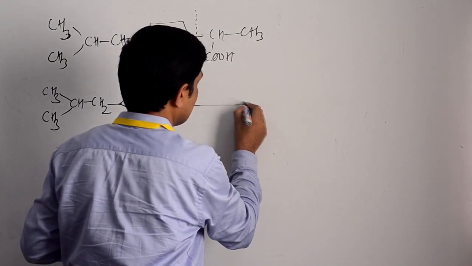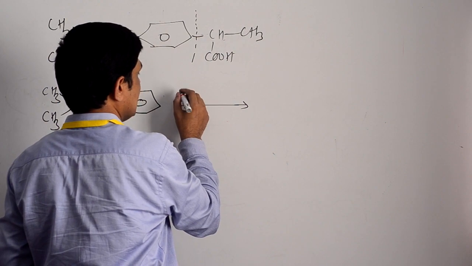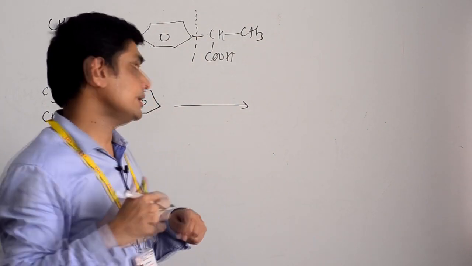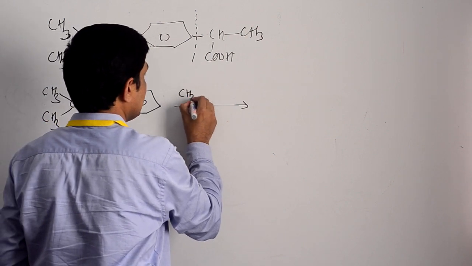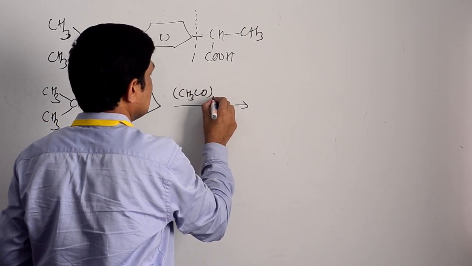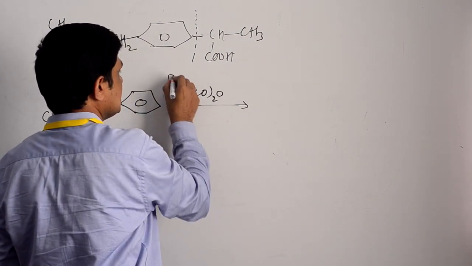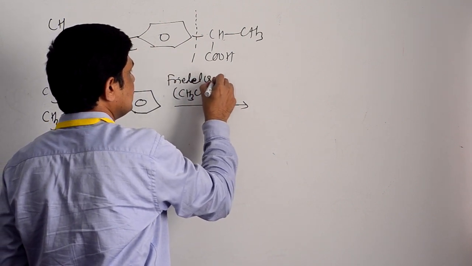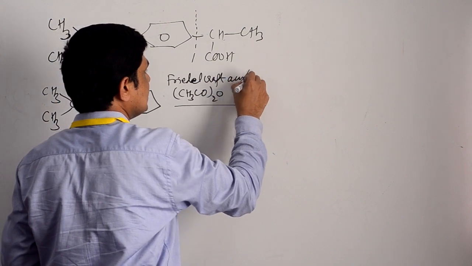Then we have to perform the Friedel-Crafts acylation by using acetic anhydride.